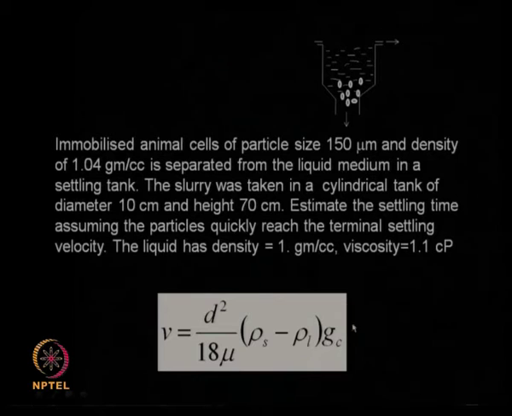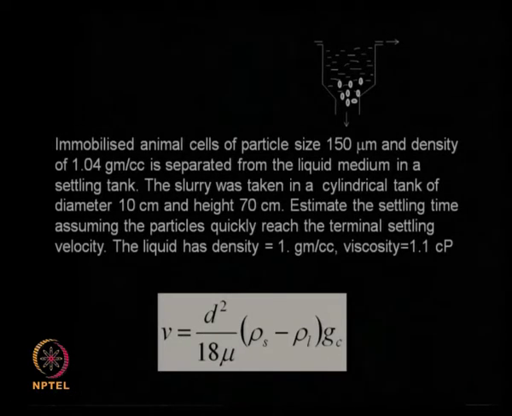Now if you remember the Stokes law, which we taught in the previous classes, the velocity, that means the terminal settling velocity, arises because of the balancing of the drag force and the buoyancy and the acceleration due to gravity.